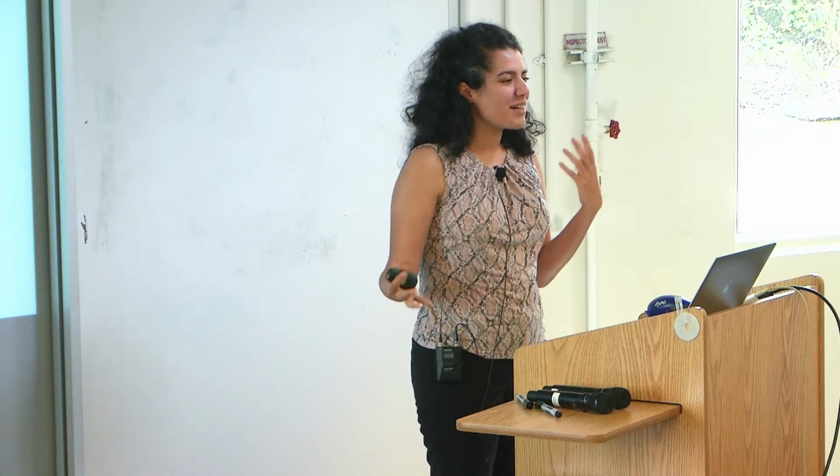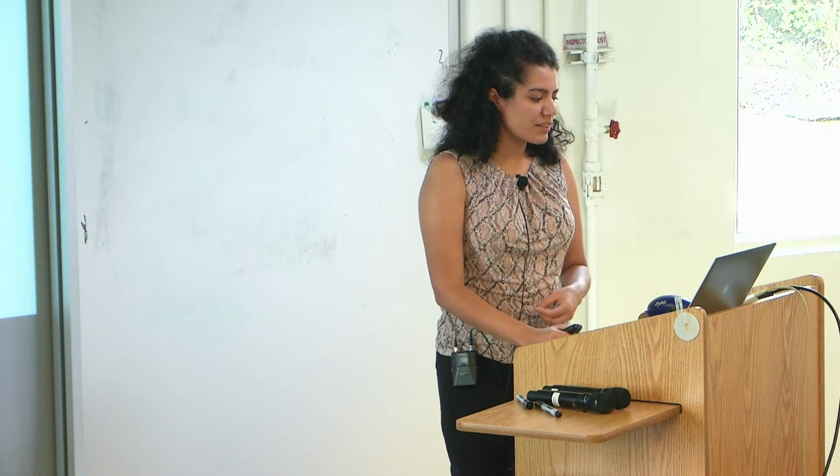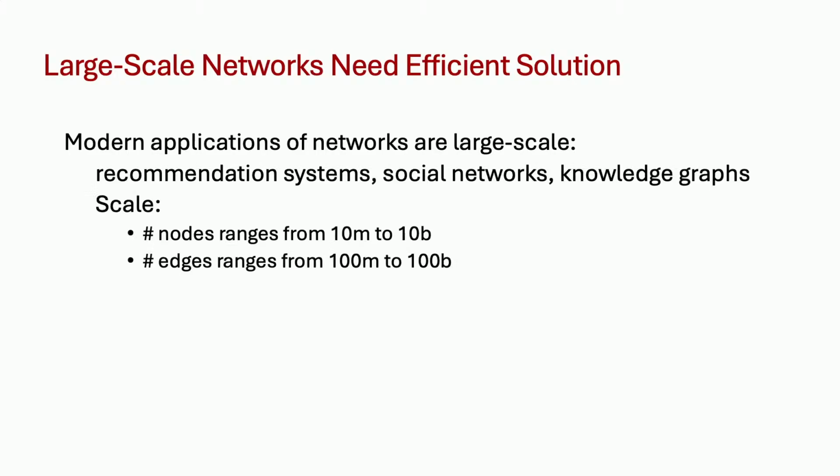It goes without saying in this audience, but just to set up the stage, a lot of modern applications of networks are large scale, including recommendation systems, social networks, and knowledge graphs, where the range of node and edge sizes goes to even billions of nodes and edges.